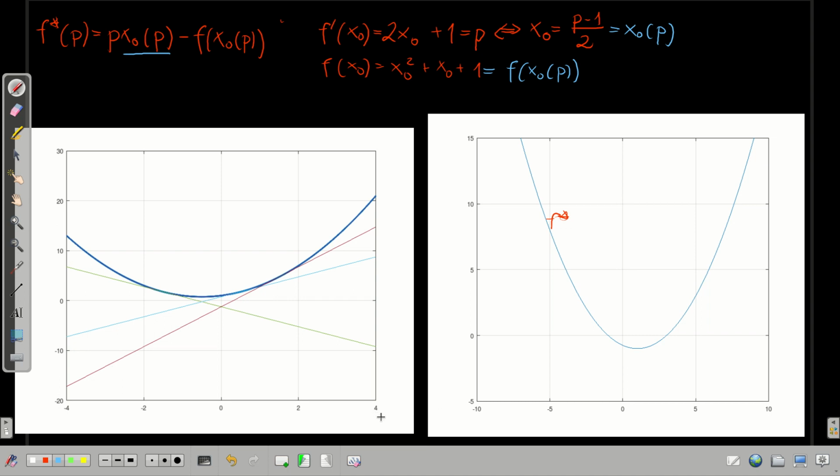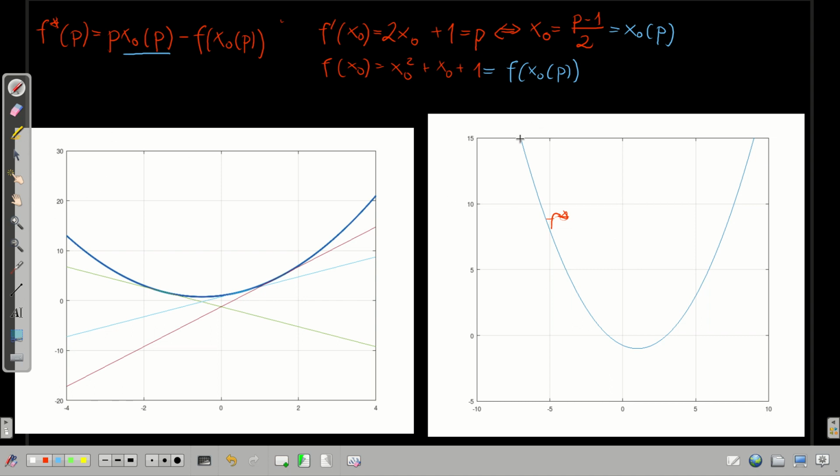Because we have conducted a variable transfer, the domain shifts, so in the graph of the Legendre transform we have different values at the p-axis in this example.